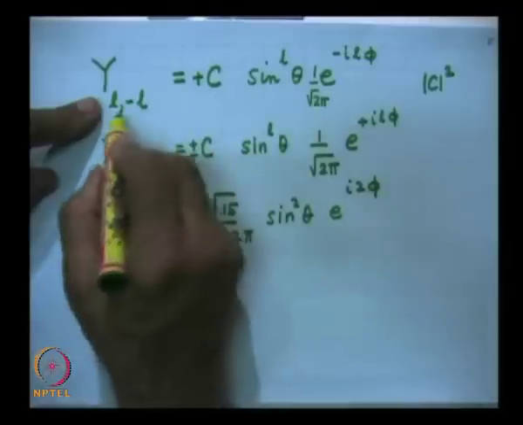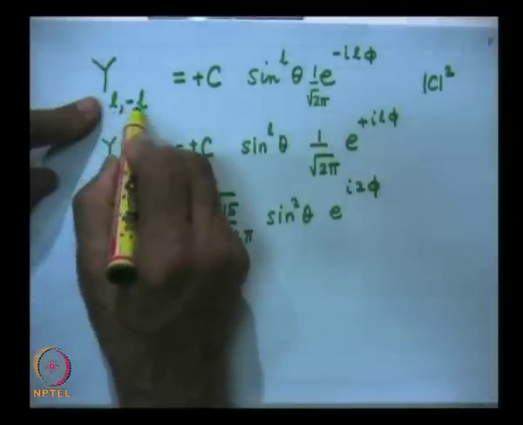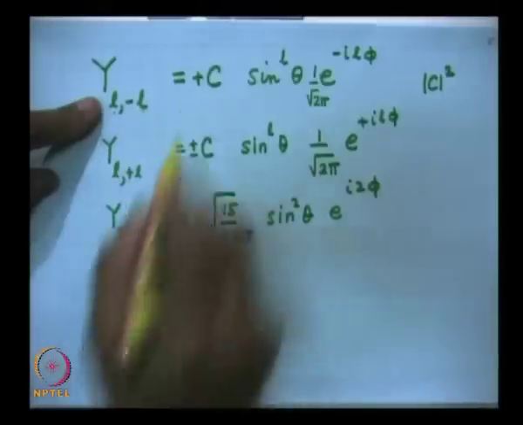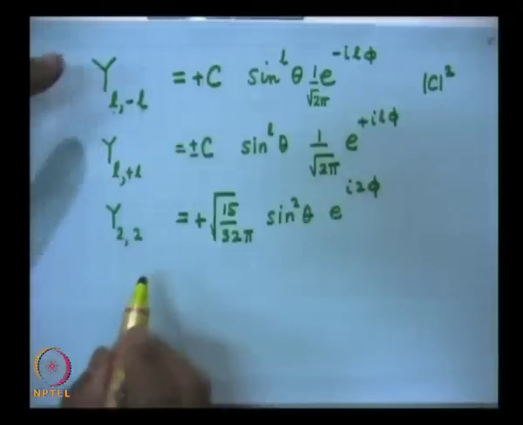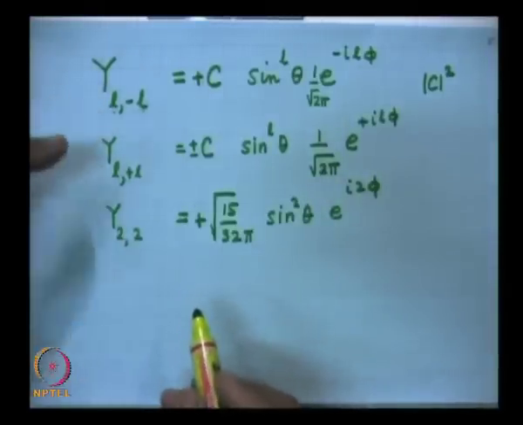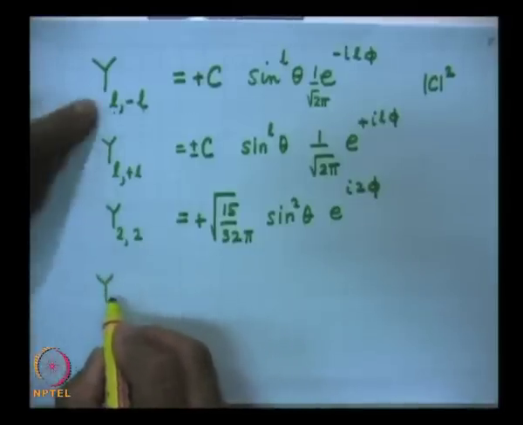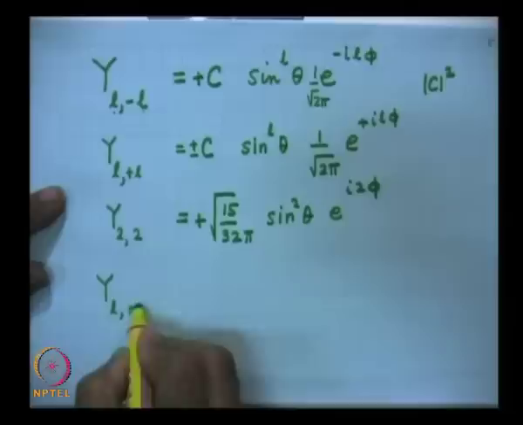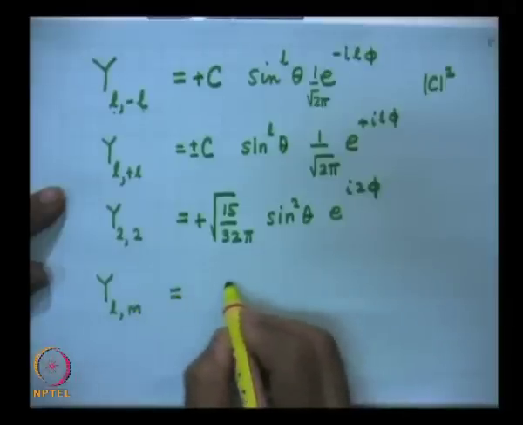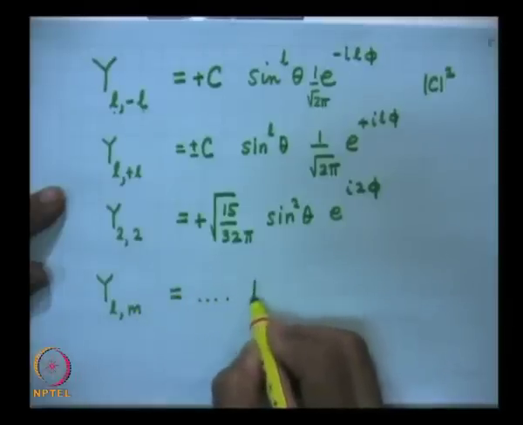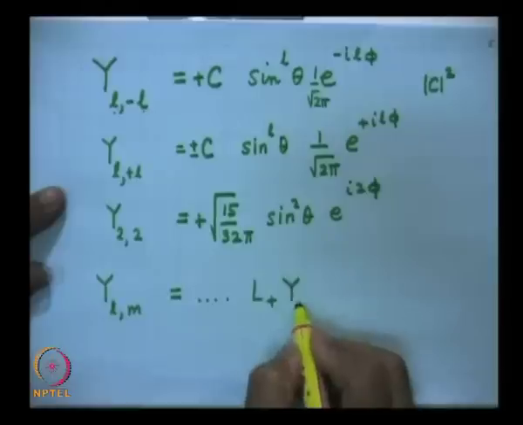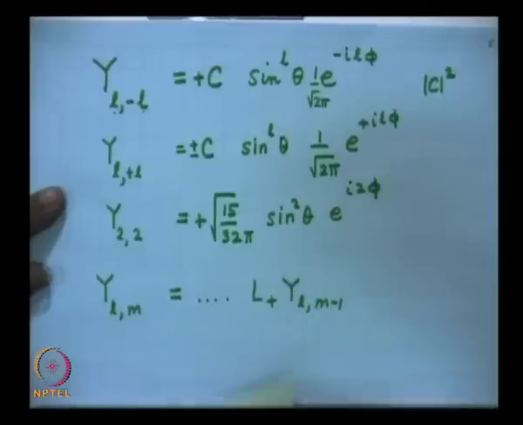We always choose for Y L comma minus L a plus sign, and then we operate this by ladder operators and calculate Y L m by operating some constant multiplied by L plus Y L m minus 1.